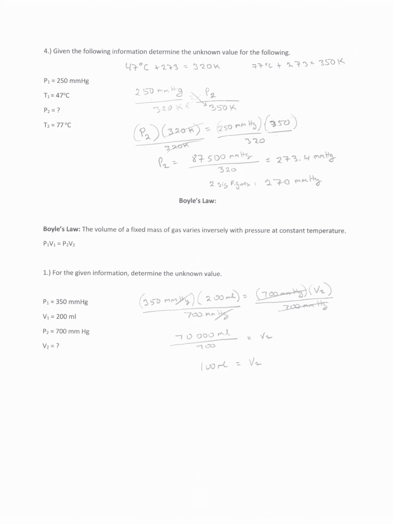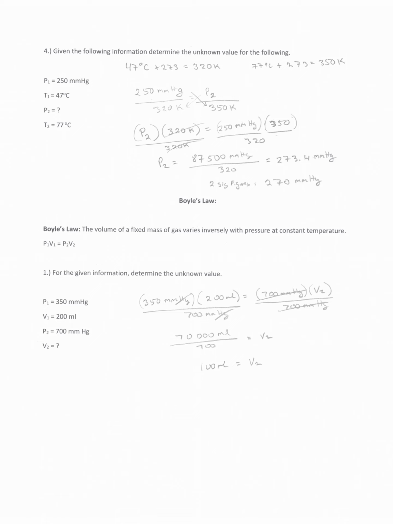Question number four, the final pressure is the unknown, and the final pressure is 273.4 millimeters of mercury. So this is another unit of measurement we use for pressure.